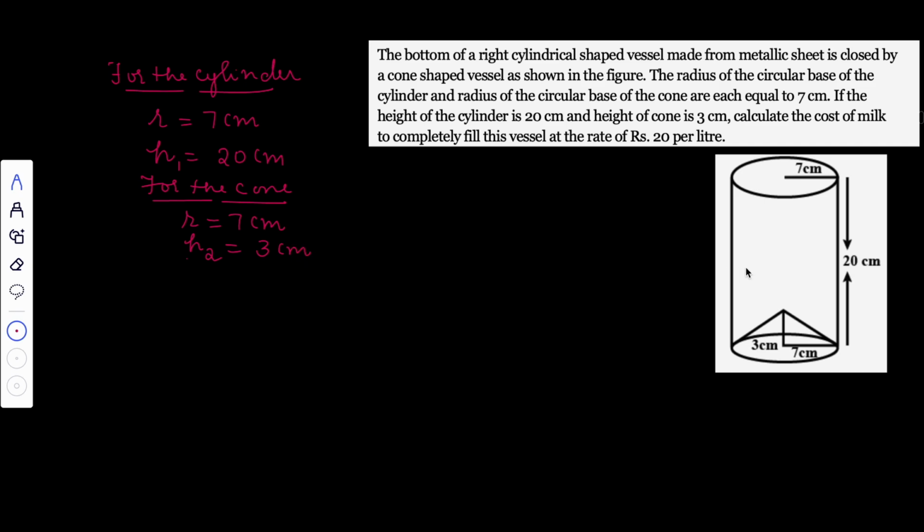Now, the quantity of milk held in this is the volume of the cylinder minus the volume of the cone, because there is a depression here, so that much milk becomes less. So the quantity of milk is volume of cylinder minus volume of cone.